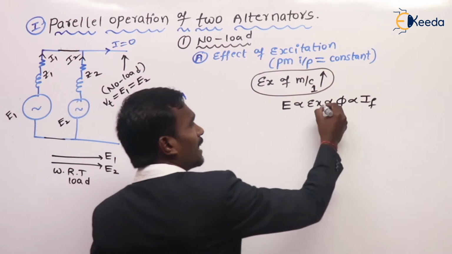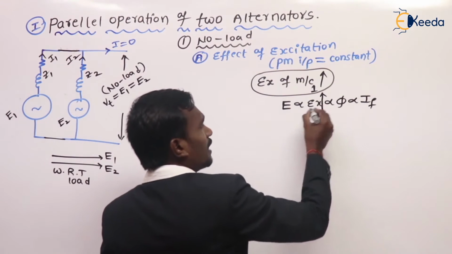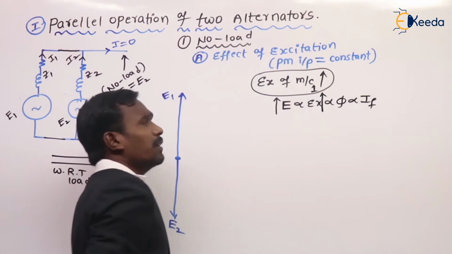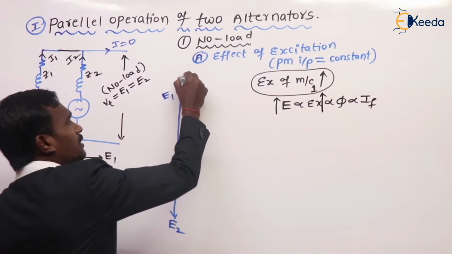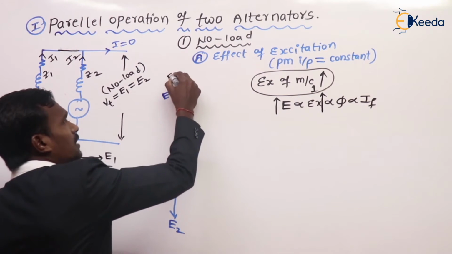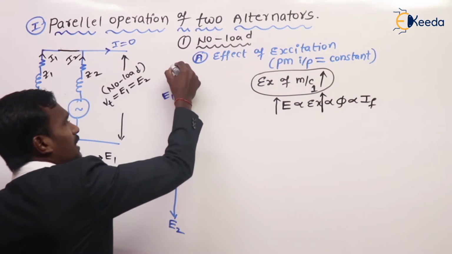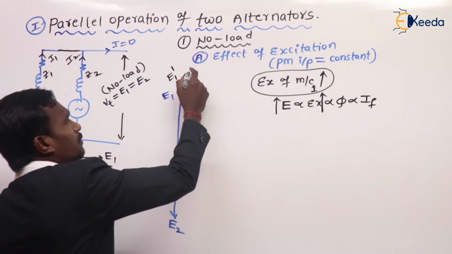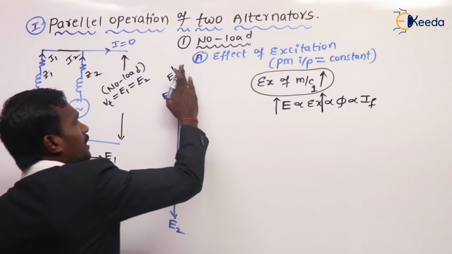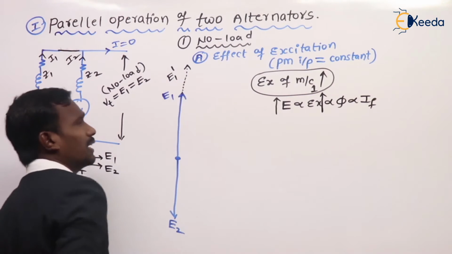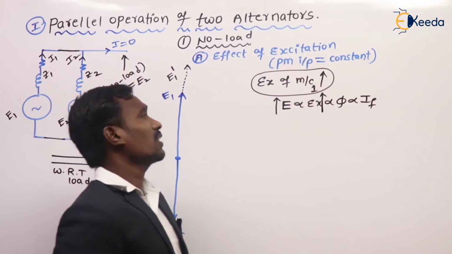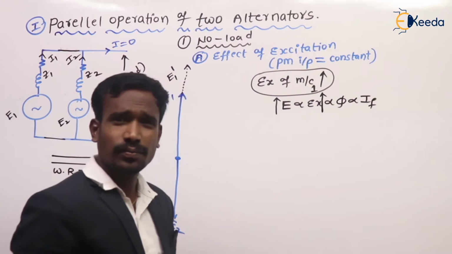When excitation changes, automatically EMF also changes. Here my EMF changes to E1 dash, for example. E1 dash is the increased EMF when excitation of machine 1 increases.